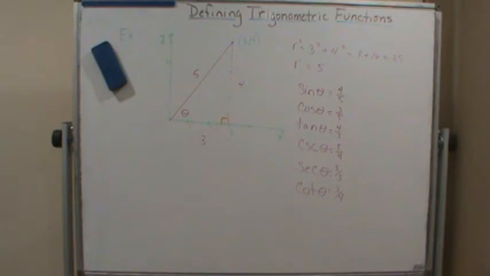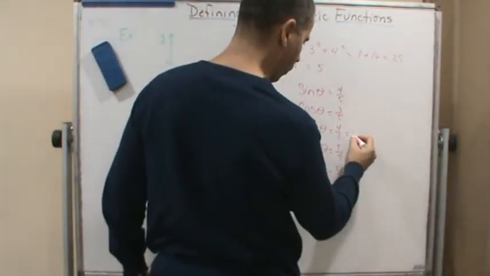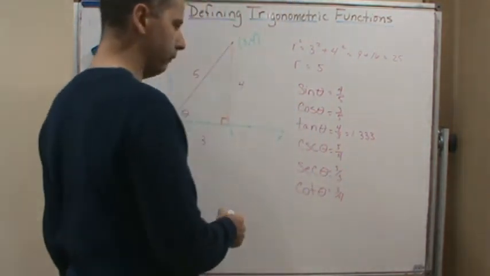Okay, now, if we left the results as fractions, this would be considered exact form. Okay, now, there's no approximations being made here. But if we want to write out the decimal form, we would find that tangent theta, for example, this one, tangent theta would equal 1.333 going on, right?